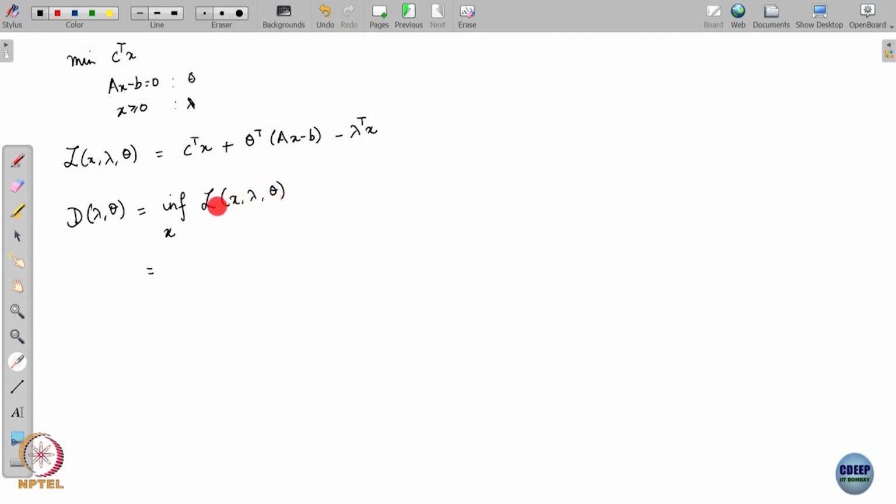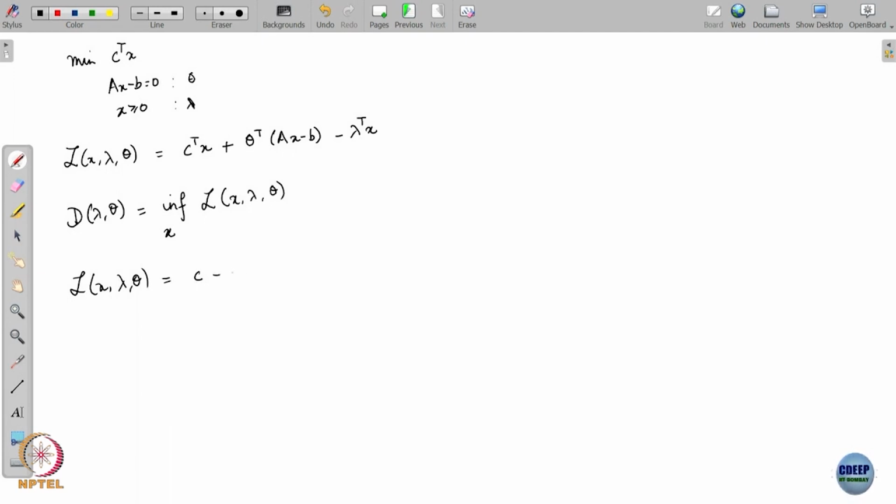If the coefficients involved are 0, then the linear function evaluates to just a constant. So, to evaluate this more clearly, let's gather together the coefficients of x. Let's write this L of x comma lambda comma theta in this way.